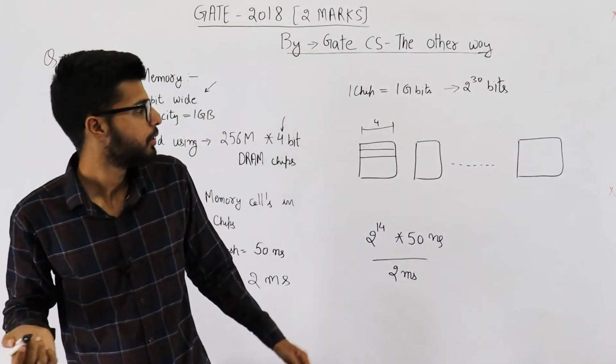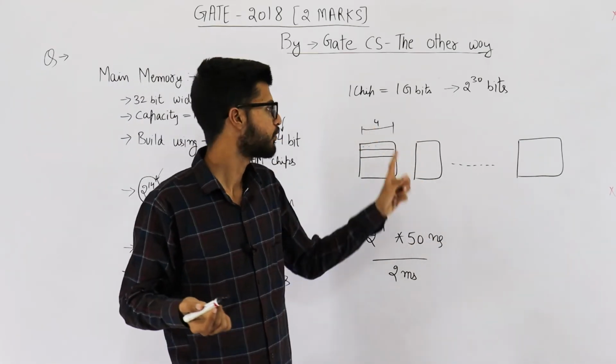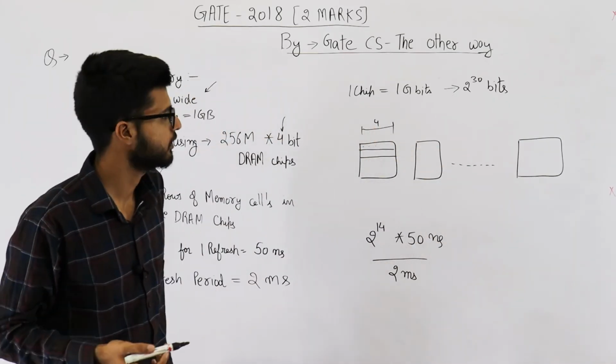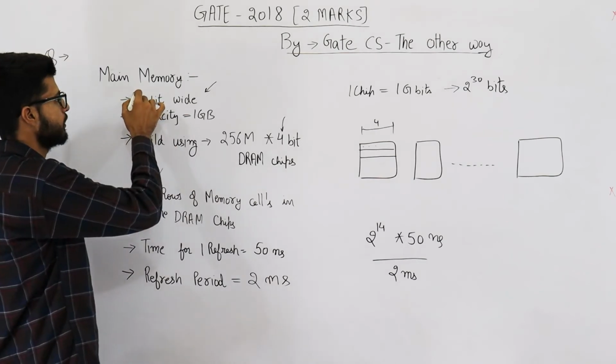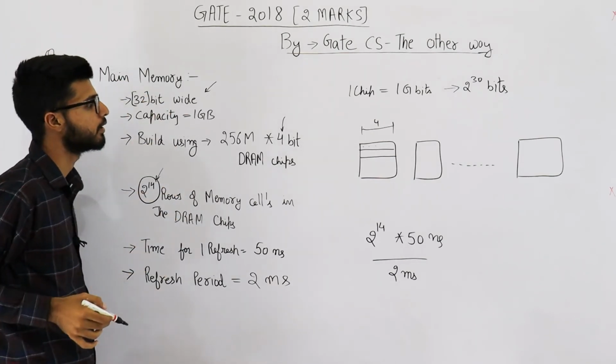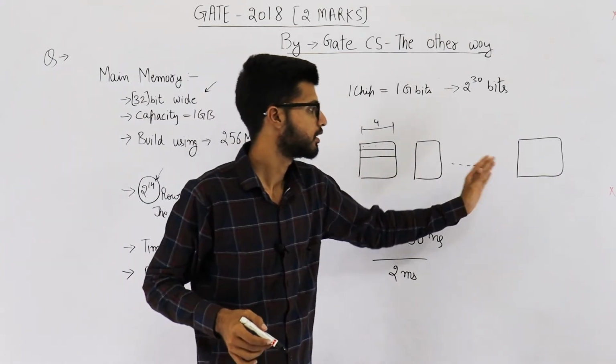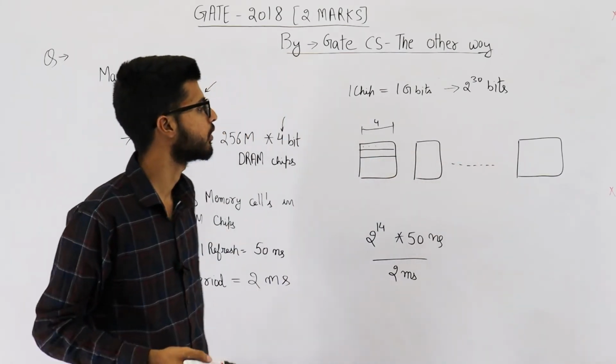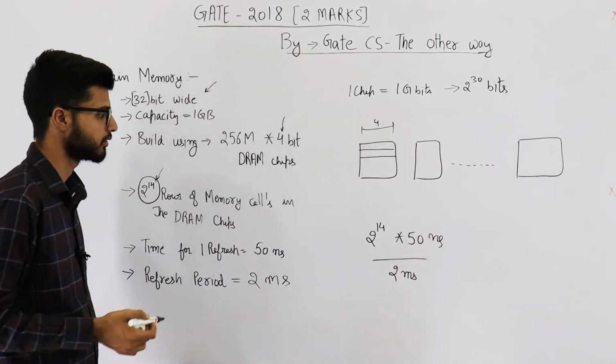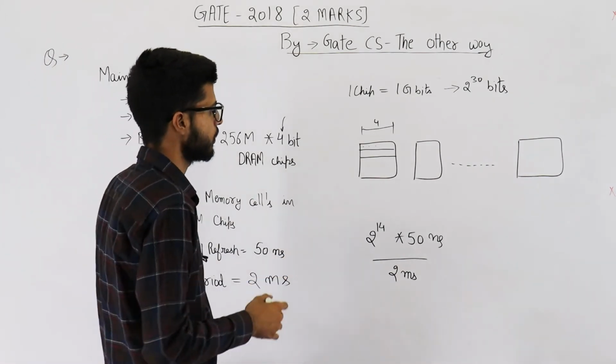So in total this becomes 4 into 8, and 8 fours are 32. That's how they are saying it to be 32 bits wide. So all these chips combined form 32 bits of data. Anyways, now let's just solve it.